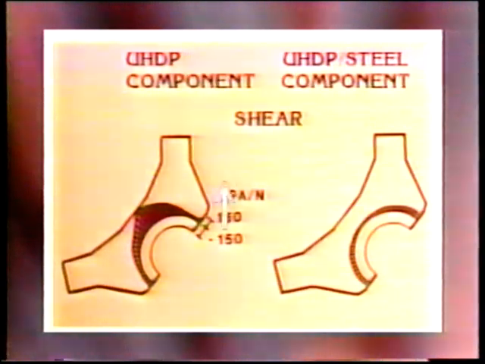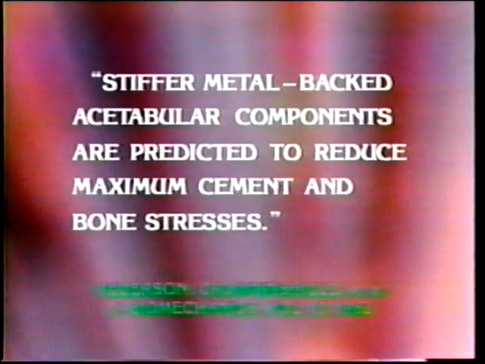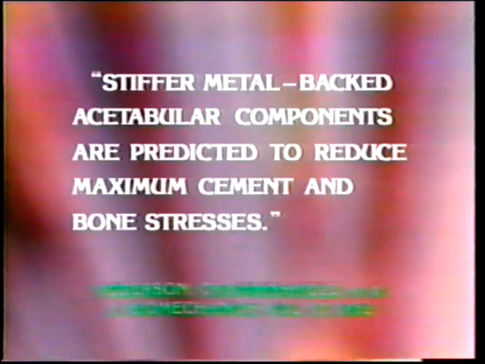Now, in shear, the same thing, if not even a better normalization of the forces about the acetabulum, stating then that metal backing of the socket seems to have a profound effect on the stresses of this composite of bone, cement, and prosthesis.